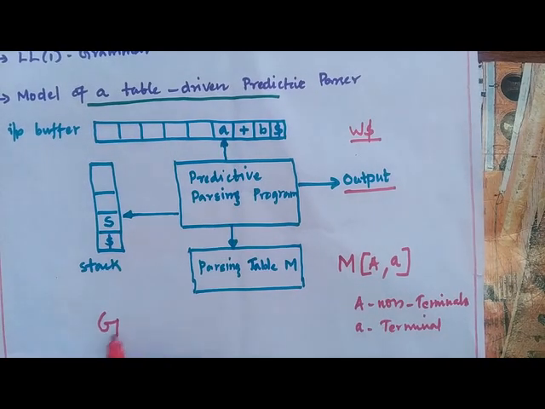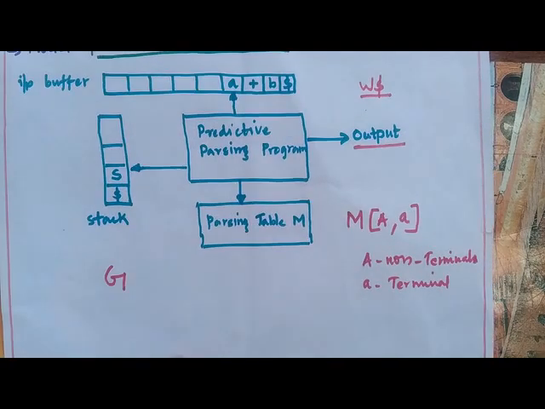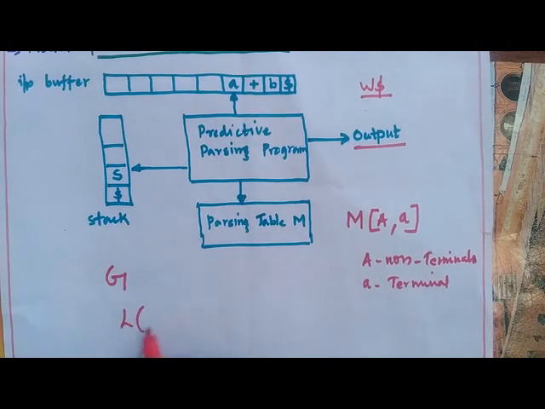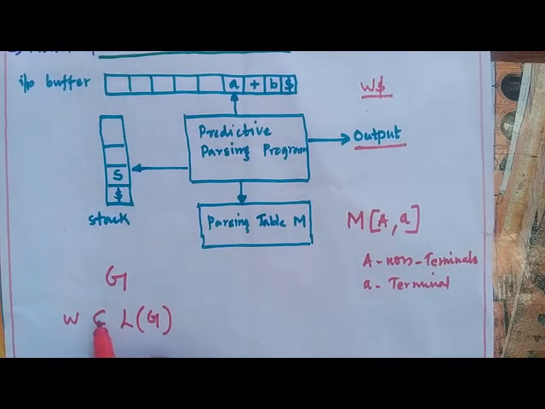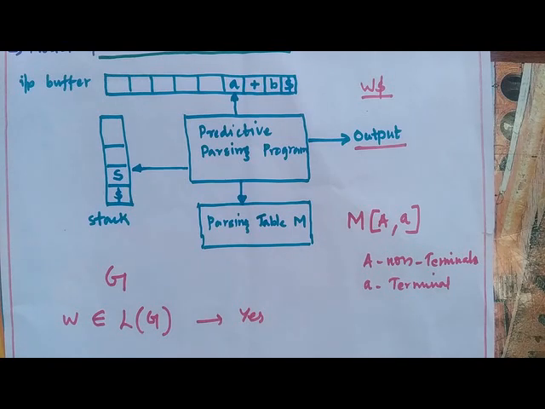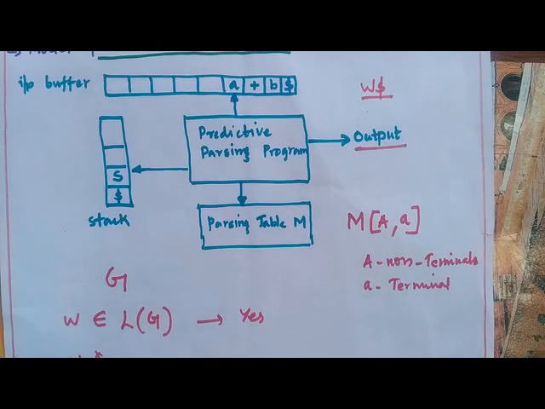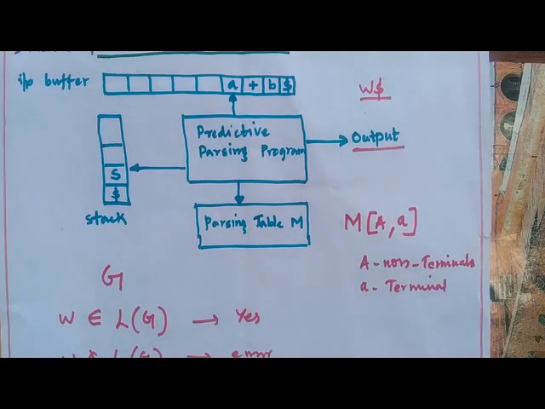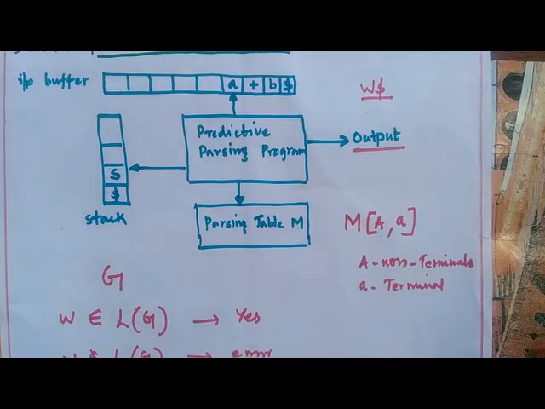We are constructing an LL1 parser for the grammar G, and the language recognized by the grammar G is L of G. If W belongs to L of G, then it will say yes, that means the parser can successfully construct the parse tree from top to bottom, and the given string belongs to the language of the grammar. If W does not belong to L of G, then the parser will give an error. That means the parser can't construct the parse tree for the given string W.